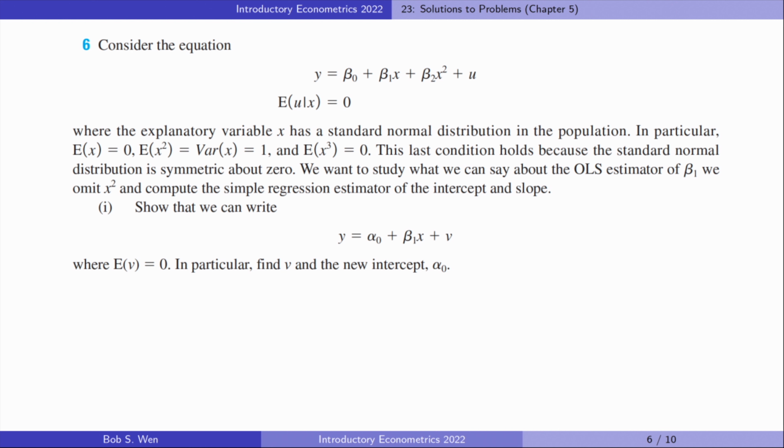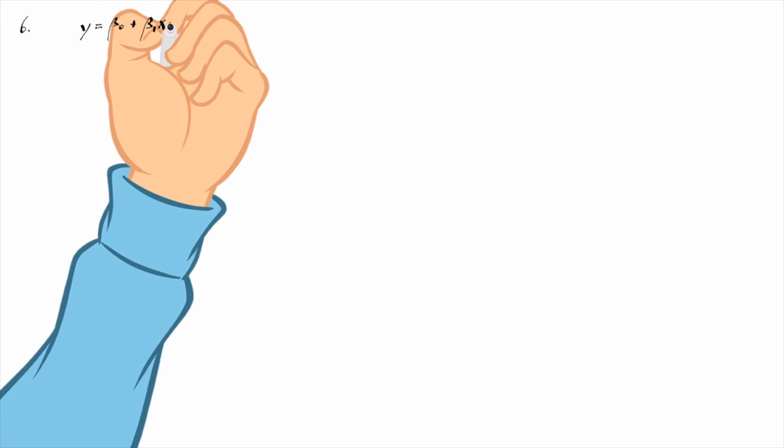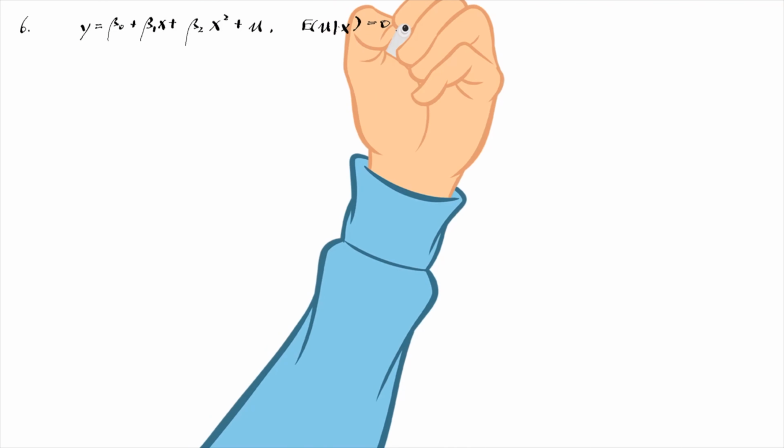Let's do the final problem. Consider the equation y equals beta 0 plus beta 1 times x plus beta 2 times x squared plus mu, where the explanatory variable x has a normal distribution in the population.